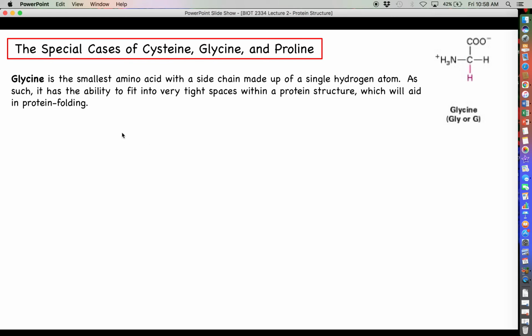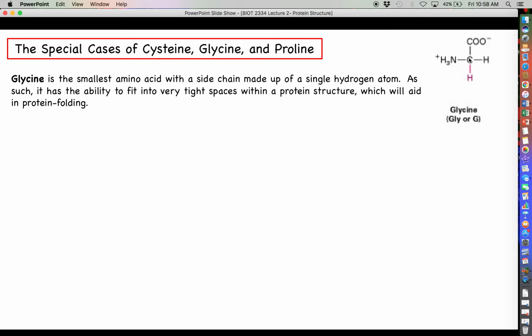The first one we want to highlight is the amino acid glycine. Glycine is the smallest amino acid by far because it has the smallest side chain. Its side chain is literally just a single hydrogen atom, so you can't get much smaller than that. So glycine is going to be by far the smallest and the lightest of the amino acids.